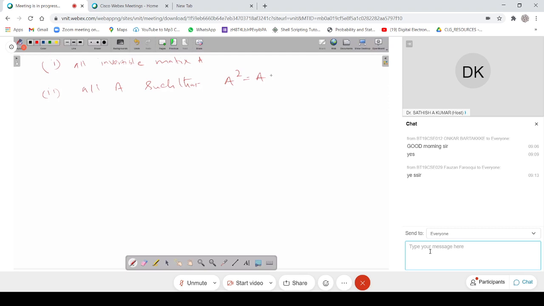Now let us look at some problems for linear independence and linear dependence. So the next problem is problem number 8.